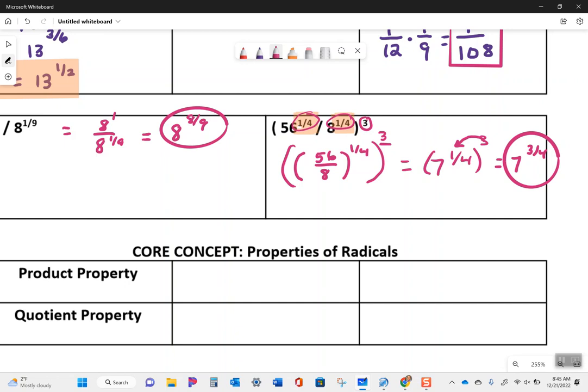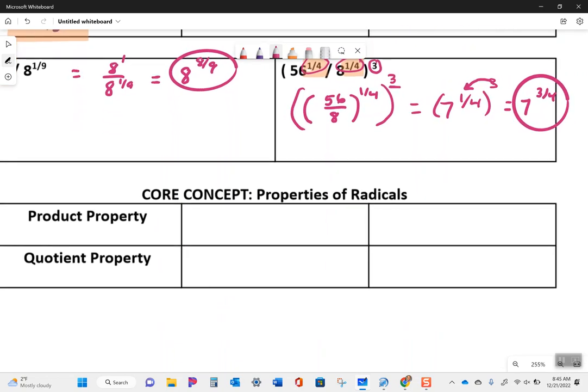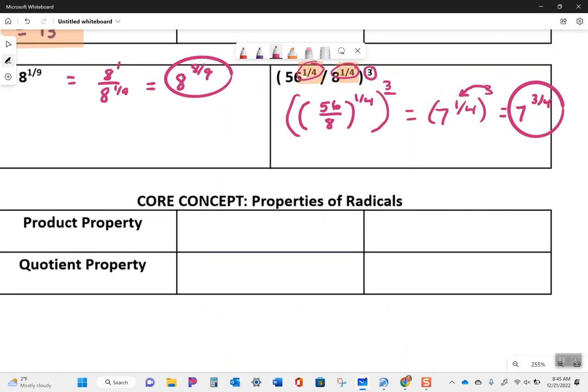Okay, let's talk here, kids. Product property here of radicals. Okay, radicals are going to be anything that involves roots like this. Okay. It's all right. Guys, product property would say something like this.